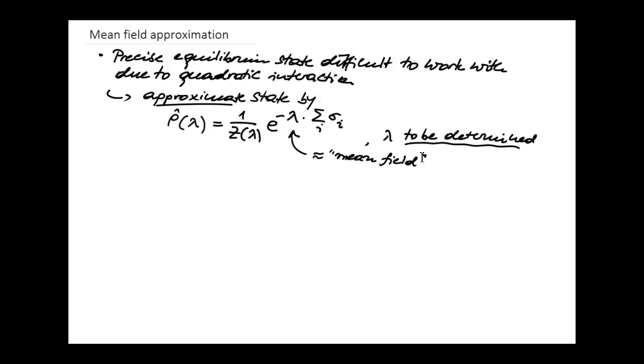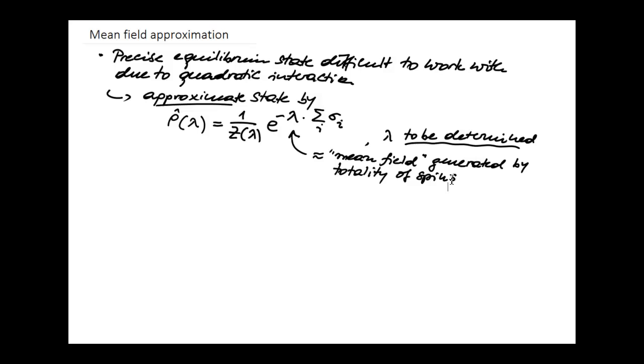So I have this ferromagnet with many spins, and say a majority of spins points in a certain direction, and then the net effect is that I have a magnetic field generated by the spins themselves. When I look at an individual spin, this individual spin feels not just the external magnetic field that I apply, but it also feels the magnetic field generated by all the other spins. And so lambda is the mean field, and it includes the field generated by the totality of spins. If we don't apply any external field, then lambda represents only this mean field generated by the totality of spins.